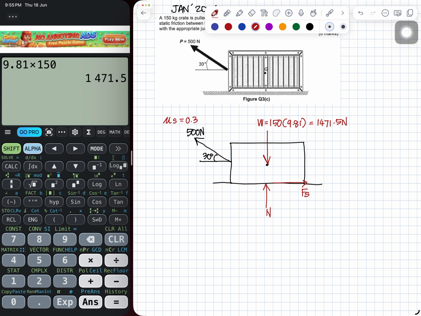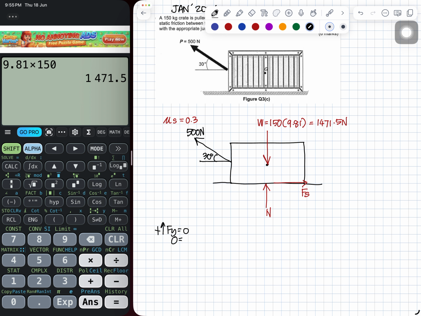Okay, so since we have our FBD, just solve it using the static equilibrium equation. Start with summation of Fy equals 0. Actually this question we can apply from the statics of particles. We can assume that all the forces are coming from the same point. So summation of Fy equals 0.